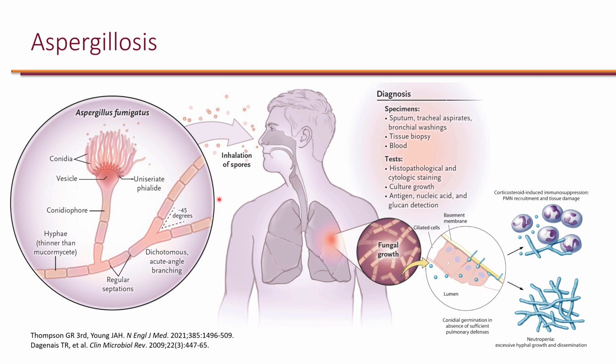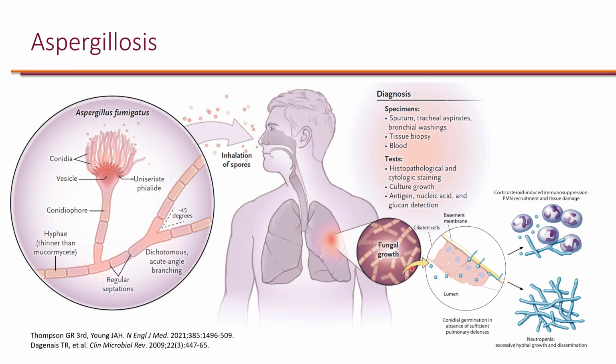Now, one thing that's important to understand about the pathophysiology is that once these aspergillus species are inhaled in the lungs, once they start to grow, the aspergillus hyphae may invade the pulmonary arterioles, and they can lead to ischemic necrosis, intravascular thrombosis, and hemorrhagic pulmonary infarct due to rapid hyphal growth.